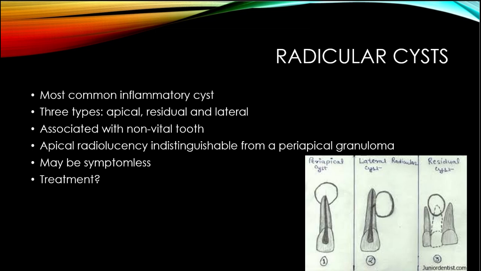It can be apical at the apex, lateral due to lateral canals, or residual, meaning remnant after an extracted tooth. Usually a non-vital tooth, and the apical radiolucency would be very similar to periapical granuloma, just larger. It can be without any symptoms.